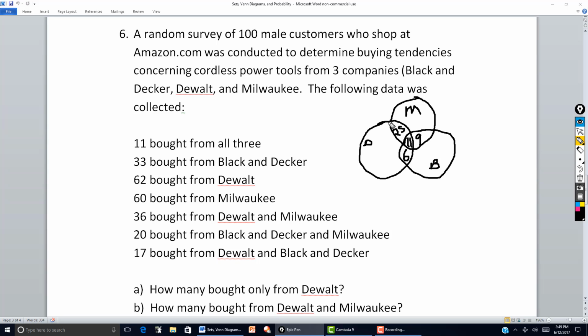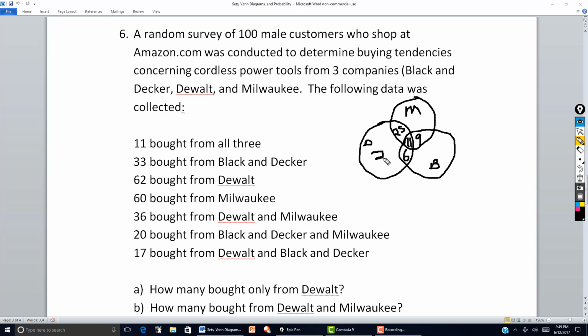Now you can fill out the rest of them. Now we want to find out DeWalt. 62 bought from DeWalt, so these 4 regions have to add up to 62. Just add these up: 25 and 11 is 36, and 6 is 42. So what does that leave for this region to get 62?